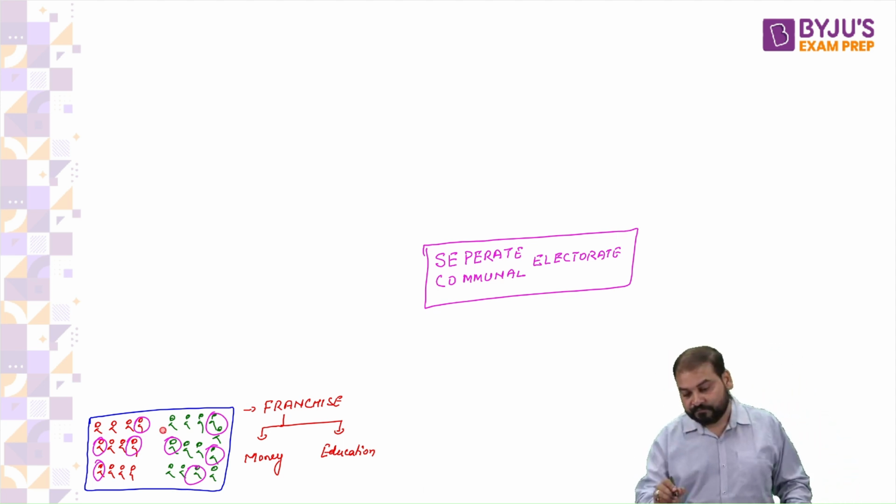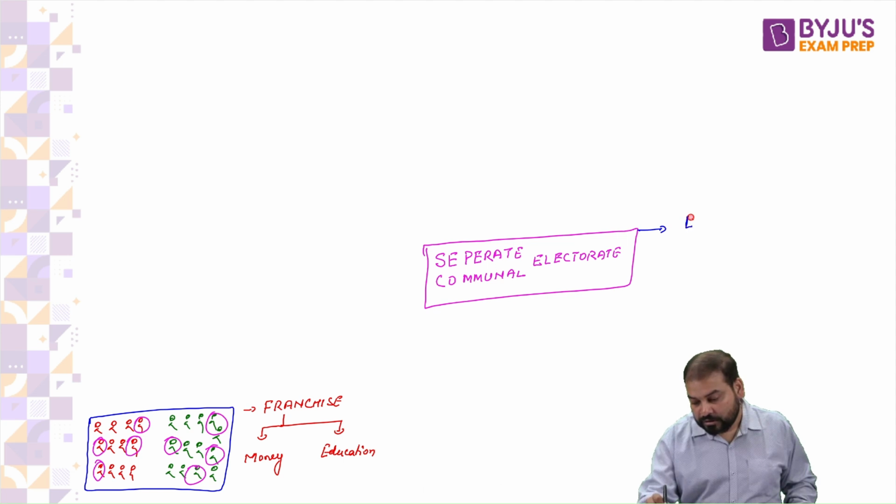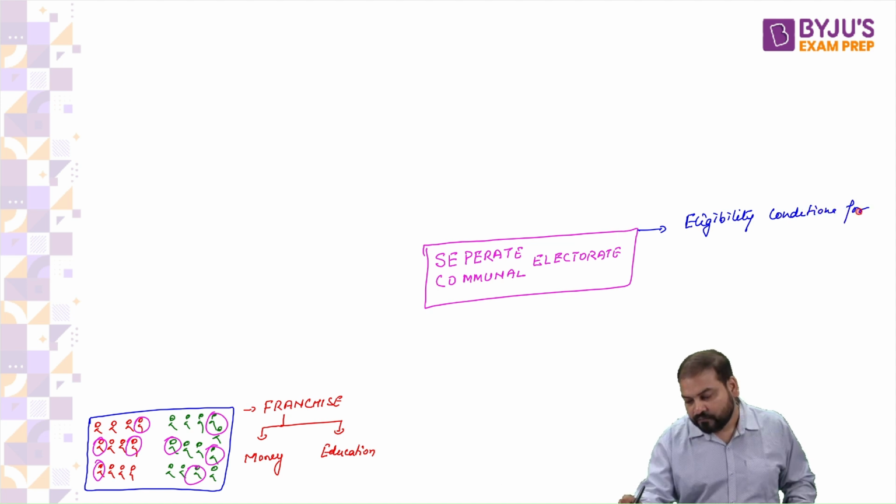First problem: eligibility conditions for Muslims were lower than the Hindus for voting.